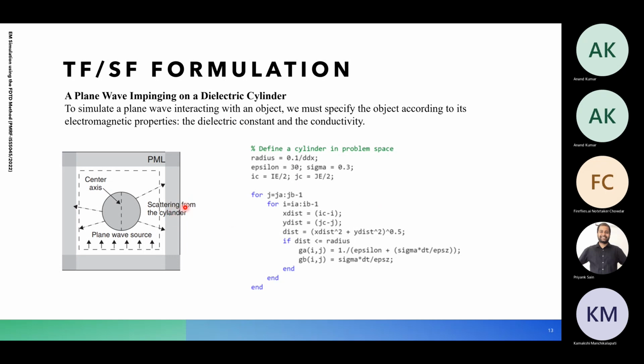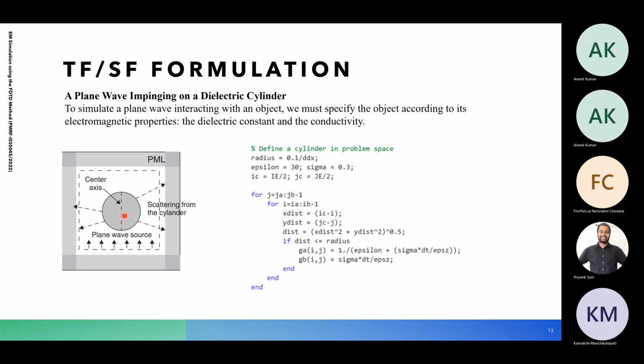For a dielectric cylinder, what we need to do is modify the coefficients which carry the information of epsilon and sigma for the media inside the FDTD region.